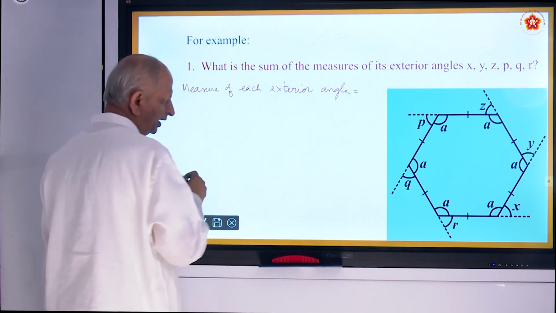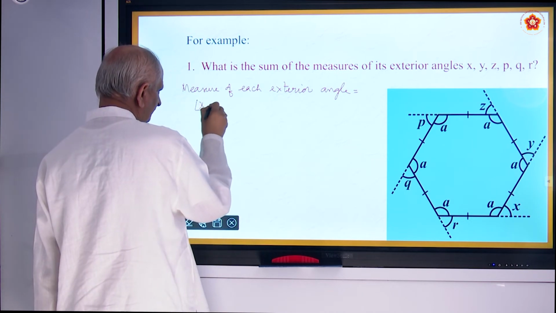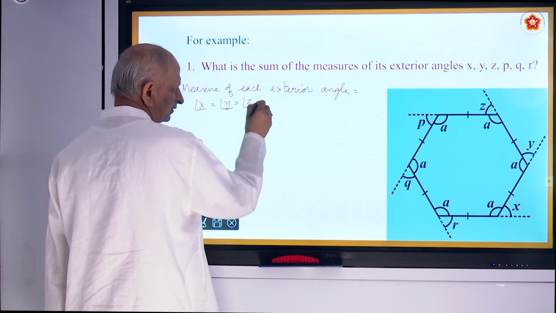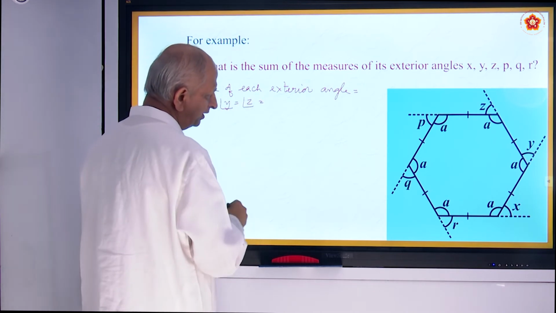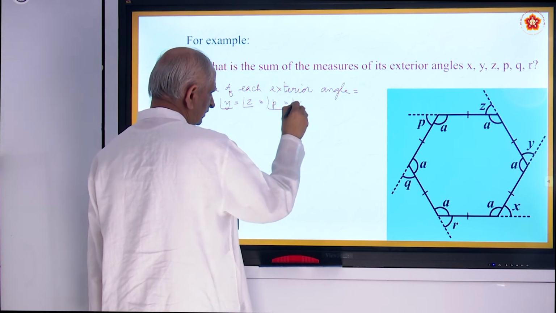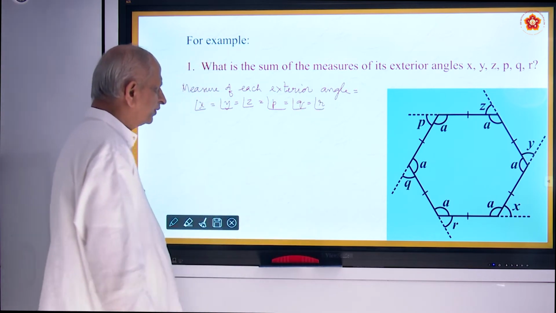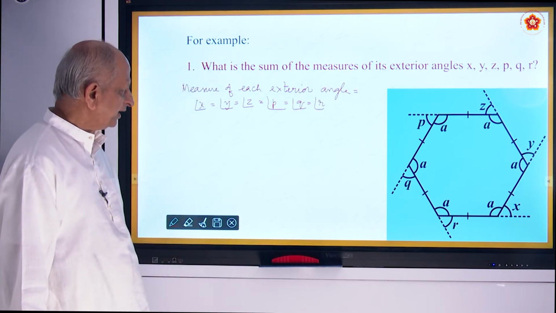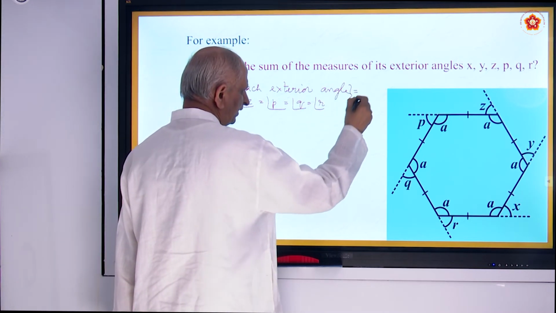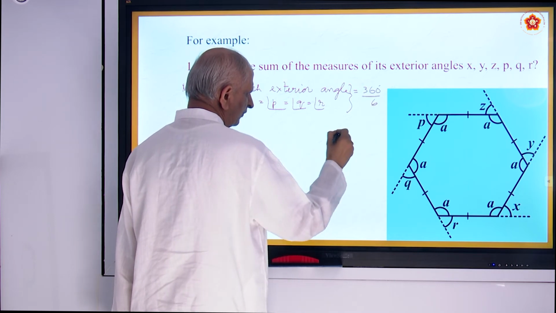They have named the angles x, y, z, and then P, Q, R. All of them are equal to each other, and this will be 360 by 6. Why 6?